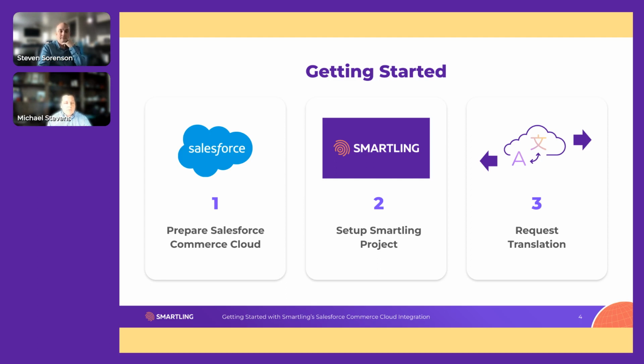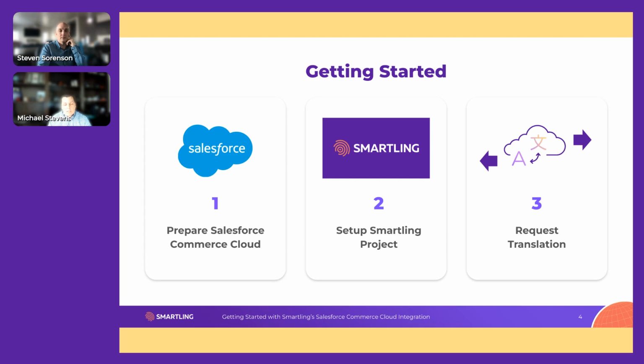We know from research, especially from organizations like CSA, that over 70% of people don't buy unless that content is provided to them in their native language. So it's very important for global organizations that are offering e-commerce solutions to be able to provide all content, product information, things like that in the native language to really get all of their customers on board.